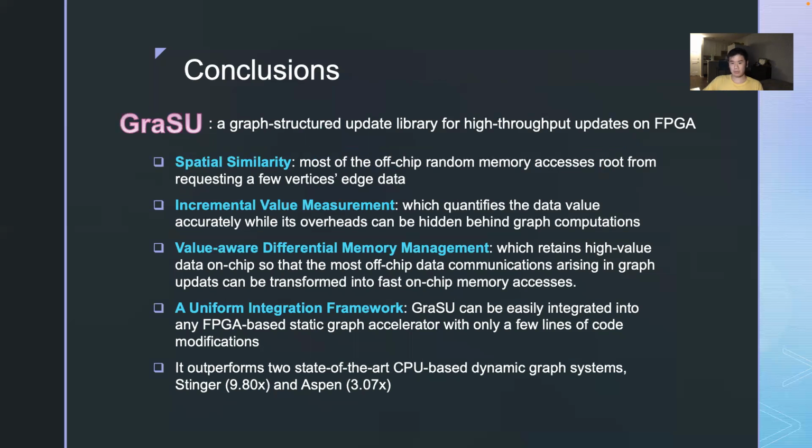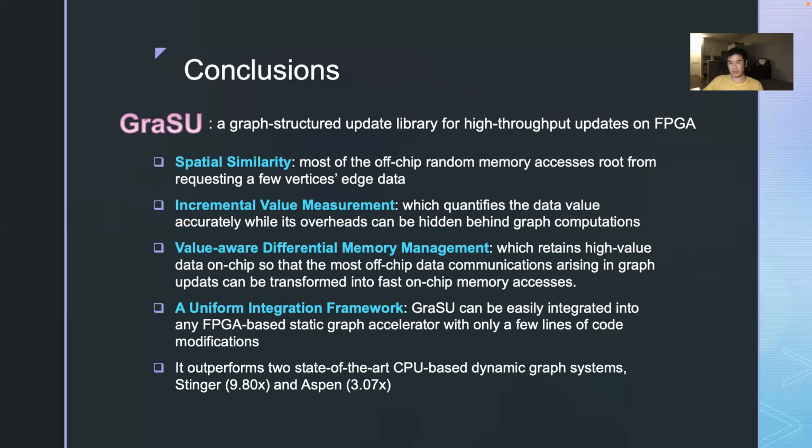In conclusion, the paper introduced a graph structure update library called GraSU for high-throughput updates on FPGAs. GraSU can be easily integrated with any existing FPGA-based static graph accelerator with only a few lines of code modification for handling dynamic graphs. GraSU features 2 key designs: an incremental value measurement and a value-aware differential memory management.